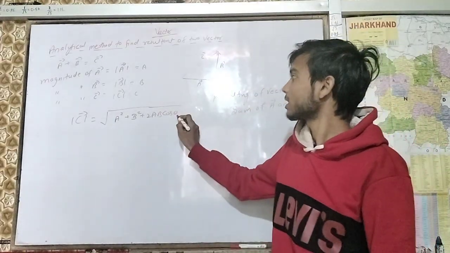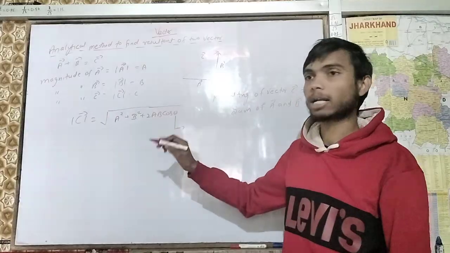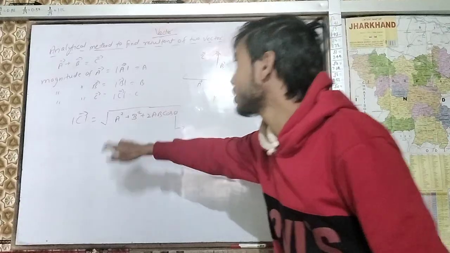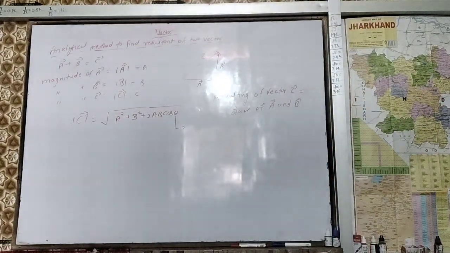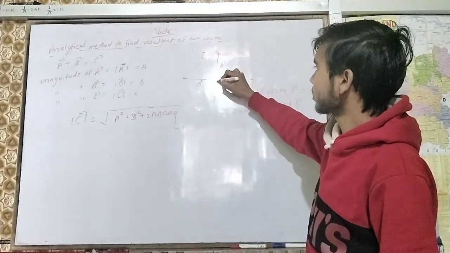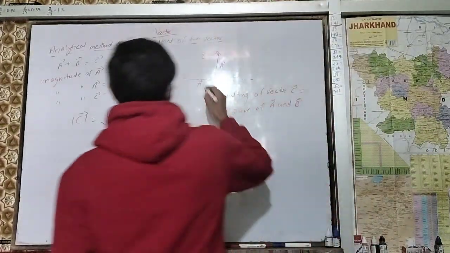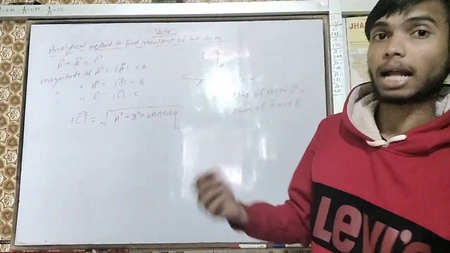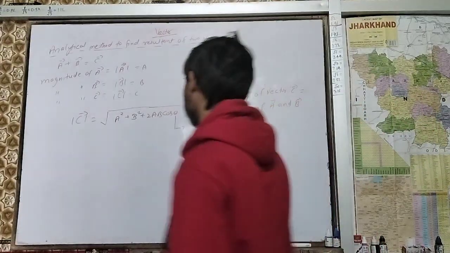So this angle will be nothing but the angle between the two vectors. The angle between this vector and this vector. As you can see, this is our theta. What if we want the angle which is inclined by the resulting vector?